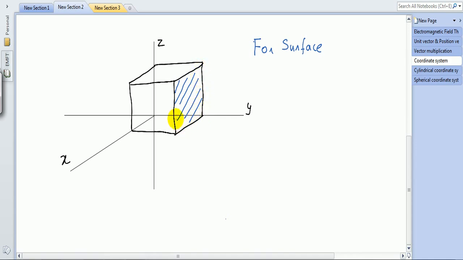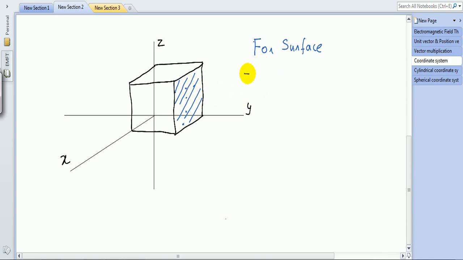At every location the value of y will be constant, but suppose I take this point, the value of x will be different. If I take this point, value of x will be different, and also the value of z is different for this point and this point too, but the value of variable y will be same for every point on this surface.